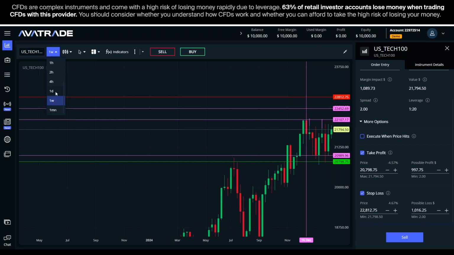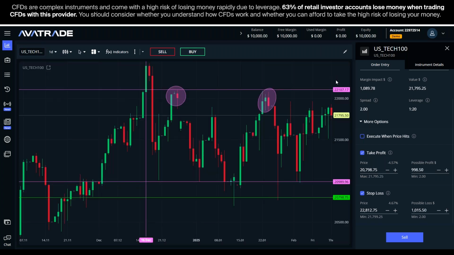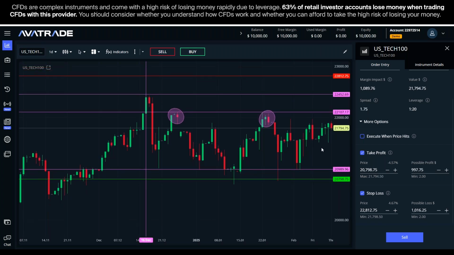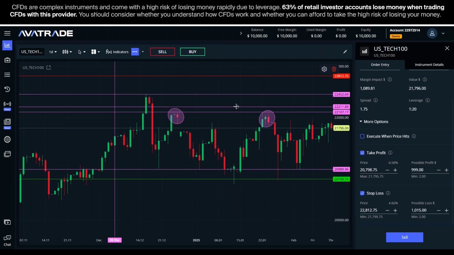Let's go back to days, I think it's easier to see it like this. Besides this particular time, it hasn't passed that level. This is the only time that it passed the 22.2 mark. We can see that it tried but was rejected, and if it passes that, I can expect it to go even higher.